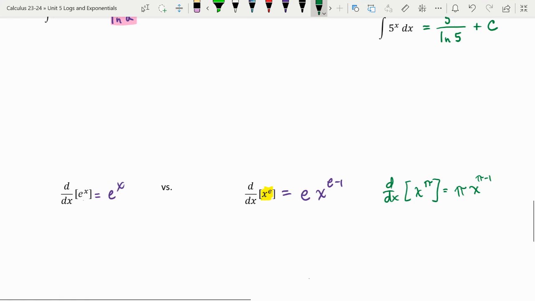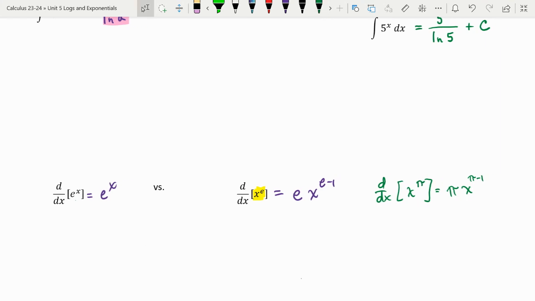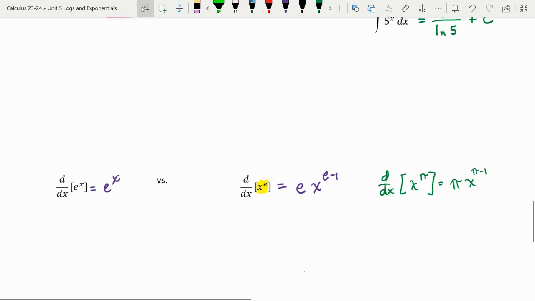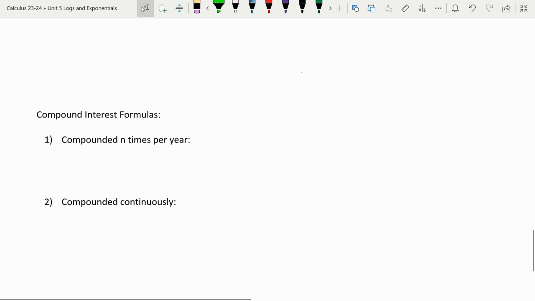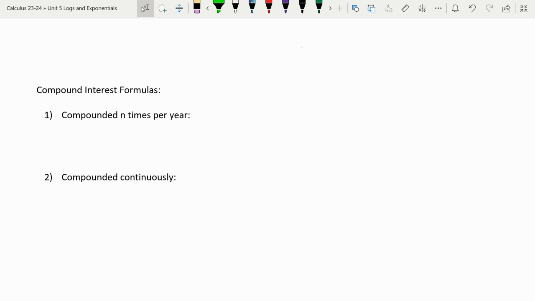Okay. So the last thing that comes out of exponentials and bases other than e is the compound interest formulas. I don't know if you remember these from pre-calculus. What I would like for you to do is pause the video and just see if you remember these two formulas from pre-calculus.